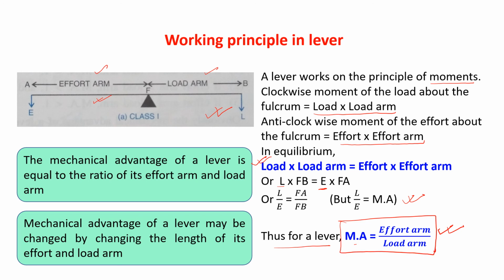The mechanical advantage of a lever is equal to the ratio of its effort arm and load arm. The mechanical advantage of a lever may be changed by changing the length of its effort and load arm. If you increase or decrease the effort arm or load arm, the mechanical advantage will increase or decrease.